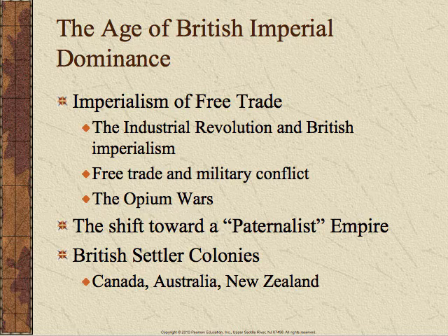The British settler colonies are a different category altogether. That's a nice way of what is traditionally referred to as the white colonies. Canada, Australia, and New Zealand, all of which are granted dominion status by the turn of the 19th and 20th century.